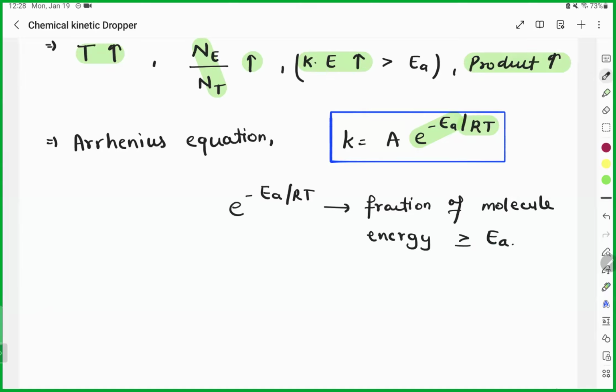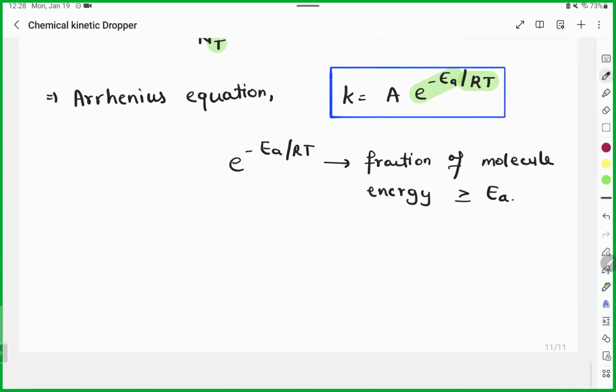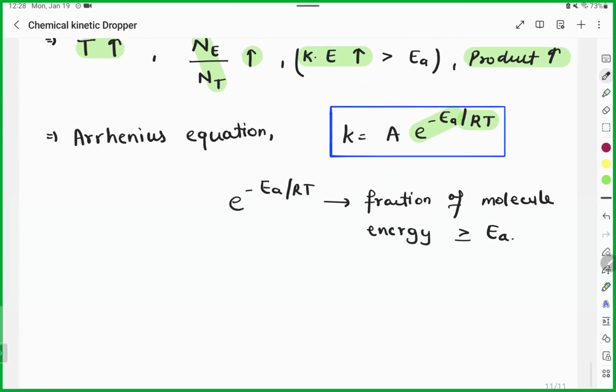Yes, sir. And we already know what is A. Sarah, what is A? The answer is pre-exponential factor, or frequency factor, or Arrhenius factor.